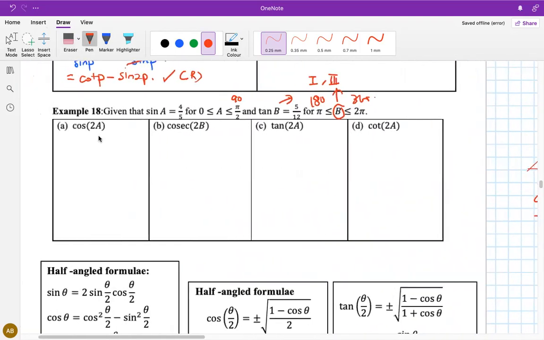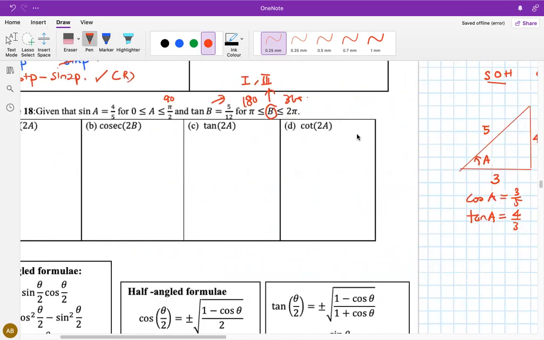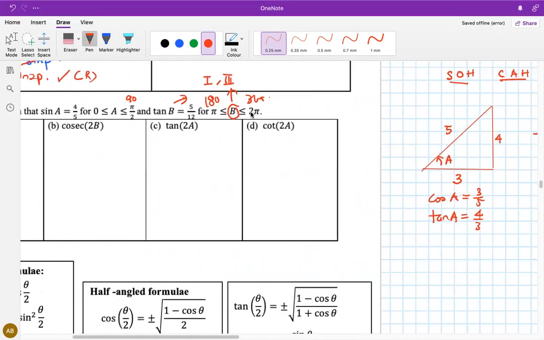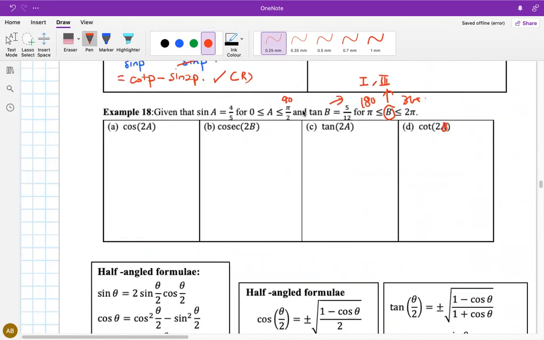By the way, the question asks for sin 2A, cosec 2B, tangent 2A, and cotangent 2B, right? So what is sine 2A? You can use 1 minus 2 sine square A using the double angle.